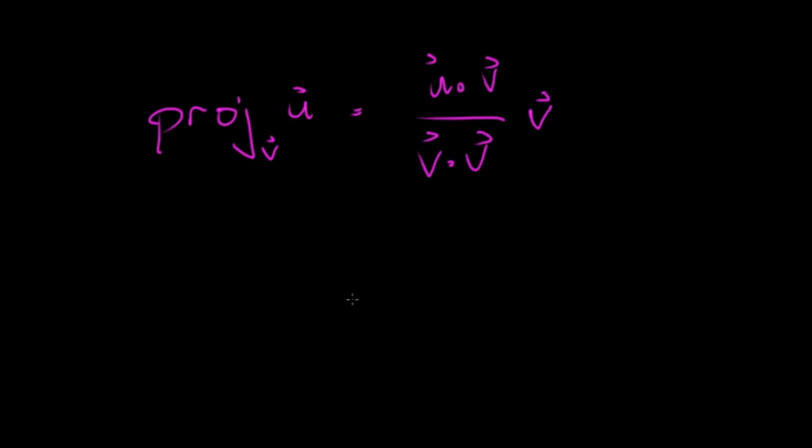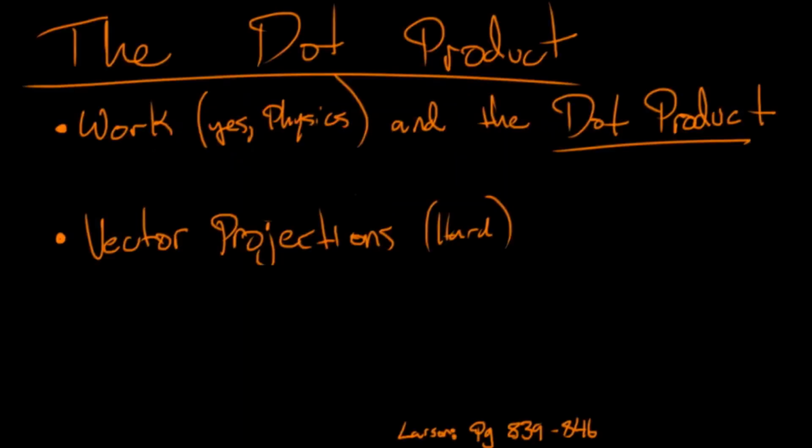Cool. Awesome. So with that said, I'm going to wrap this up. We looked at work and connected that to the dot product, and we got a really sweet formula for the dot product: x1 times x2 plus y1 times y2. And that connects to the angle between vectors, which I'll let you think about why the dot product being 0 means that the vectors are perpendicular, which we looked at last time.